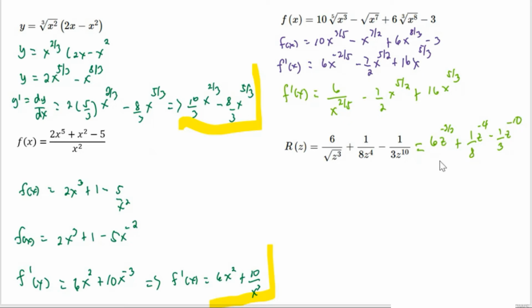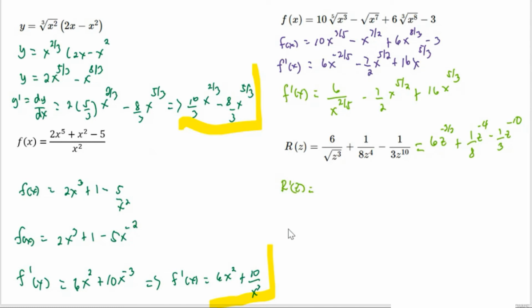So on the first term, the square root of z cubed can be written as z to the power of 3 halves. So when I write that one in the numerator, that is why the power of z now becomes negative 3 over 2. Okay, so after that, we have to take the derivative. So r prime of z is equal to multiply the exponent with the coefficient.